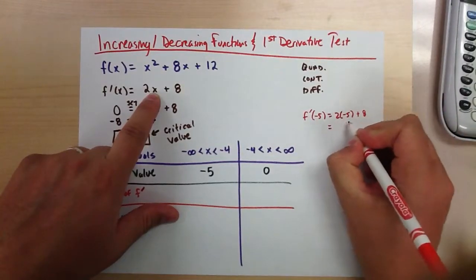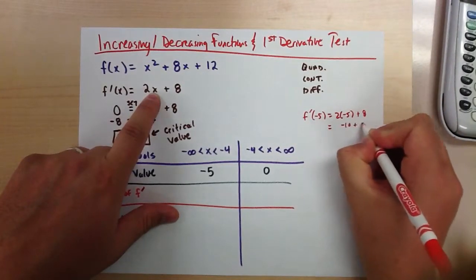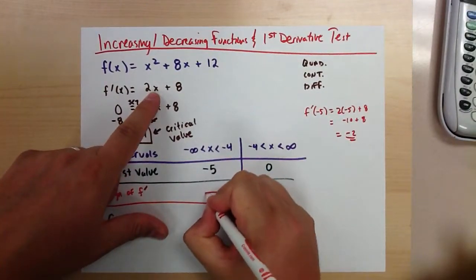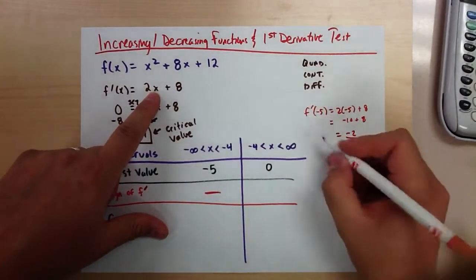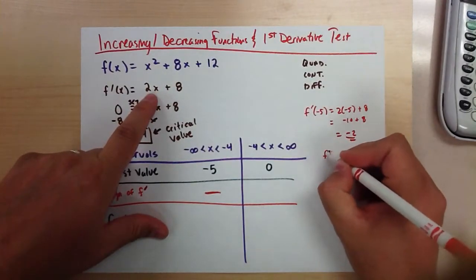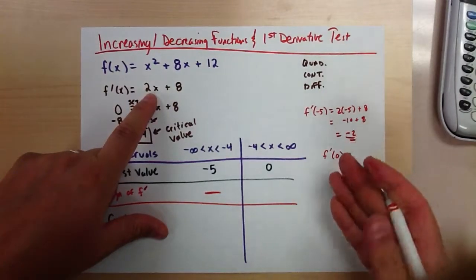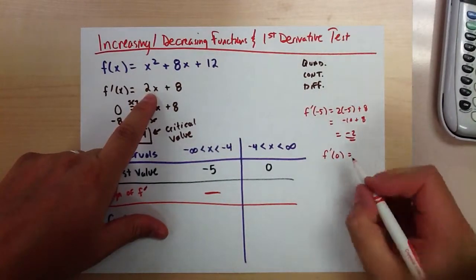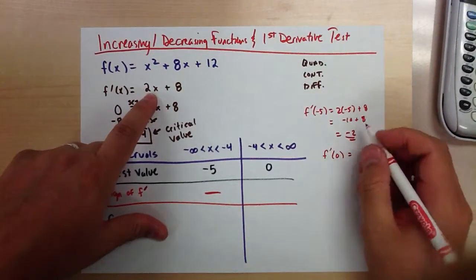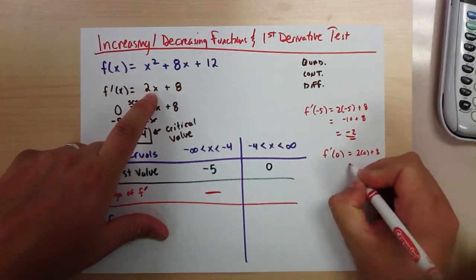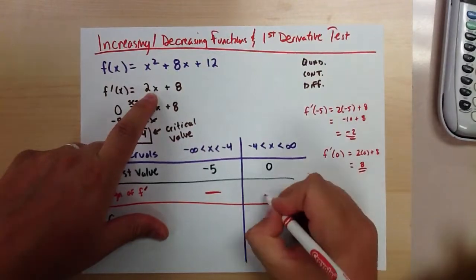And so I get negative 10 plus 8, I get negative 2. So really all I'm interested in is that it's negative. Likewise, I'm going to put in 0. Now, you're very likely going to get a positive value here. We're expecting that. If we don't, this is kind of a weird question. So you want to see a negative and a positive. So if I put 0 in there, I get 2 times 0 plus 8, and that equals 8, and that's a positive value.